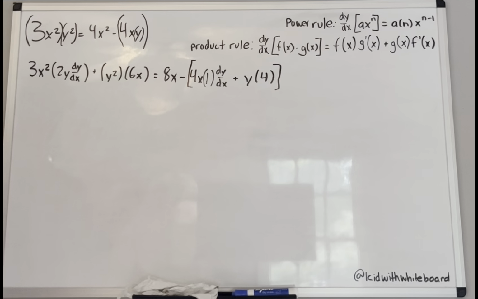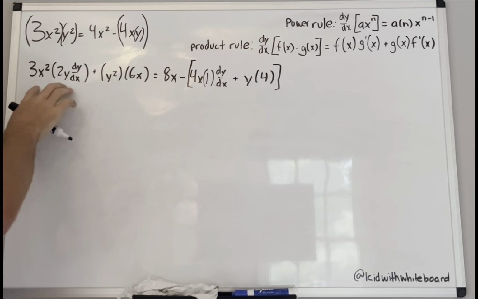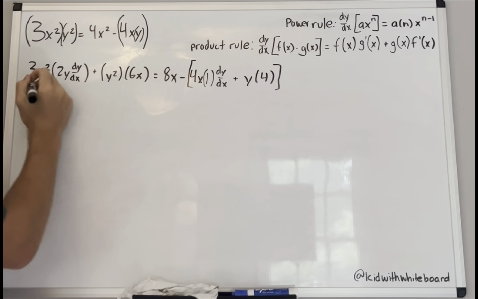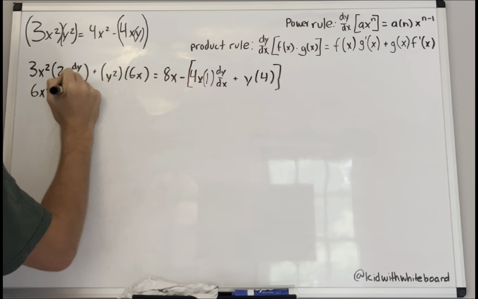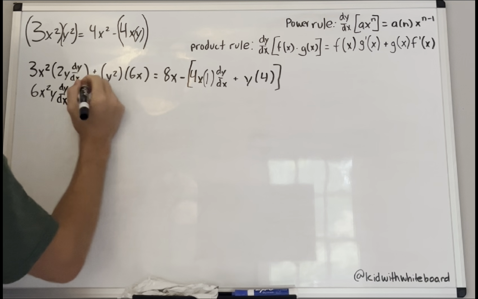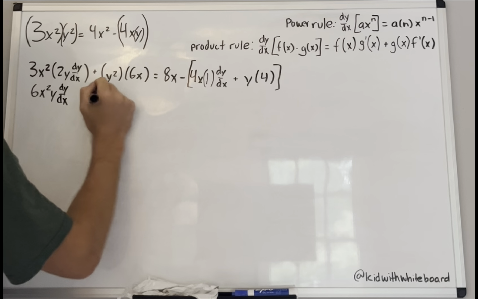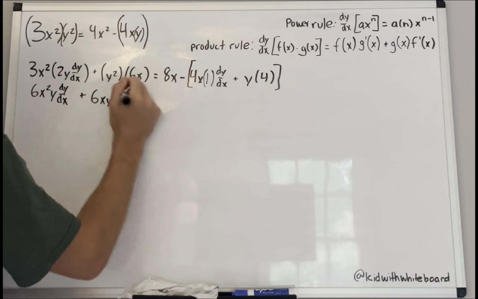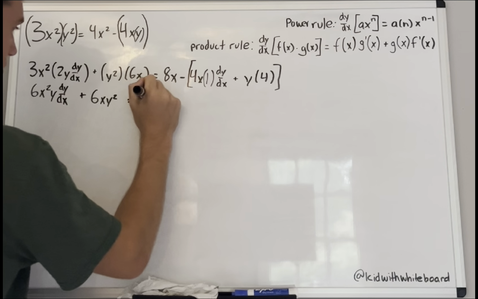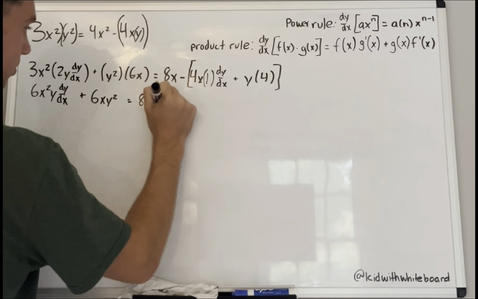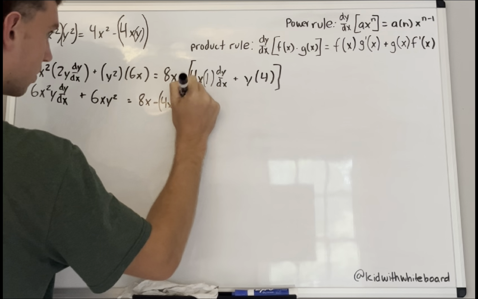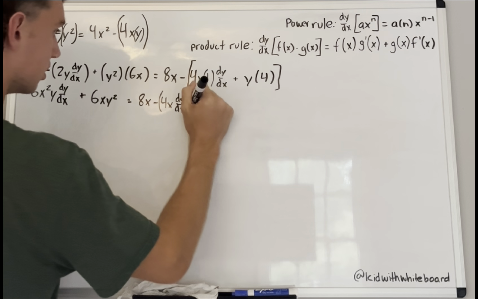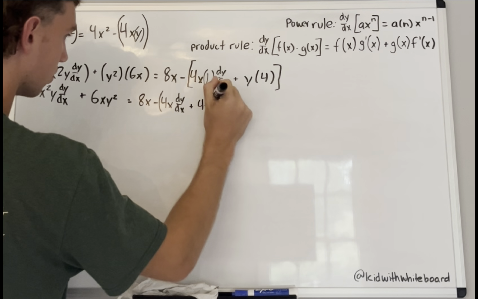So from here, you start combining these, distributing. So this first one is simple enough, 6x squared y dy dx plus 6x y squared equals 8x minus 4x dy dx plus 4y.